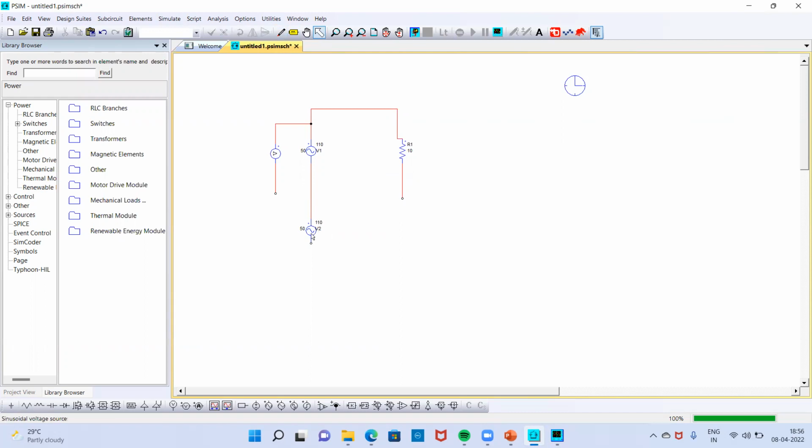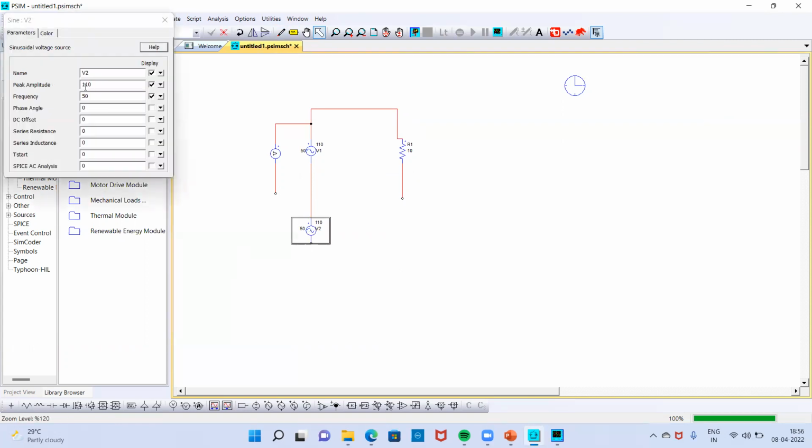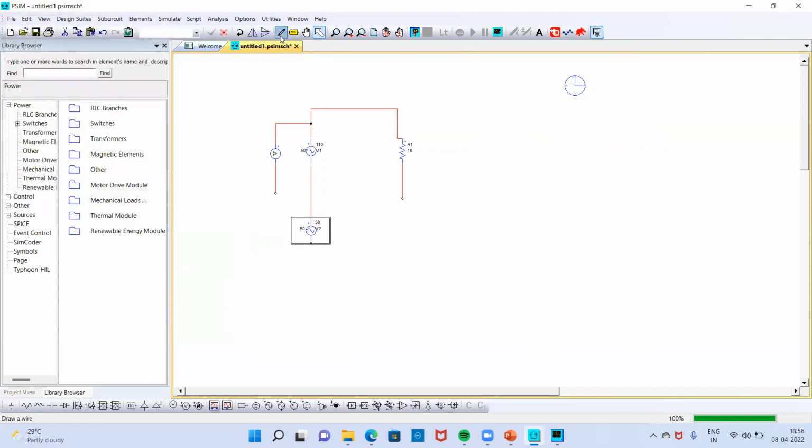Let it be 50 hertz, and I am going to have some different magnitude here. Sorry, 50 volts. Let it be a 50 volt supply, and I have a frequency of 50 hertz, and I am going to get the combination of these two things.